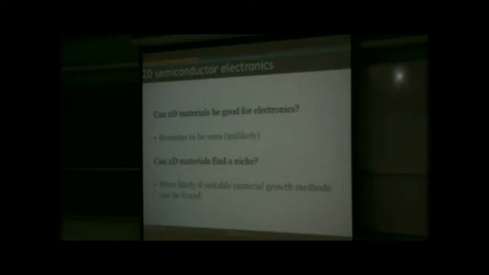Once they're close to the 2 to 2.5 nanometer range, it is very hard to actually make a case for 2D materials. Can 2D materials find a niche? Absolutely. If we can find large area growth processes for 2D materials, there are many different heterostructures you can make, which can be very useful.